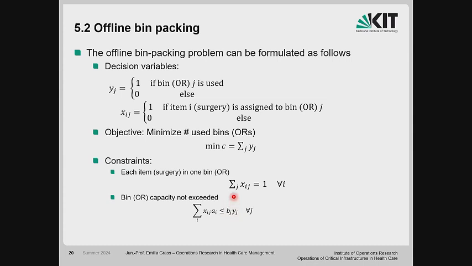And every surgery i has a particular duration. So a nose operation takes 3 hours, and a hip operation takes 5 hours, and so on. But the sum overall cannot exceed these 8 hours on the right hand side. Questions so far?